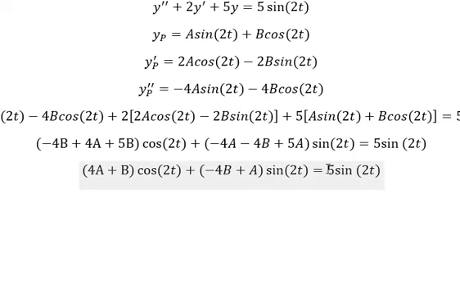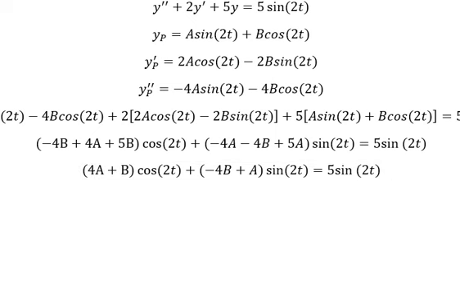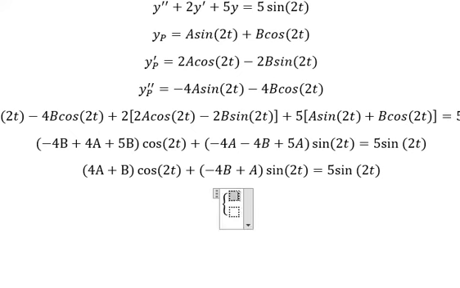Next, the coefficient of sine 2t is 5. So negative 4b plus a equals 5. About this one, we don't have cosine 2t, so this one equals 0. And now we create the system of equations.